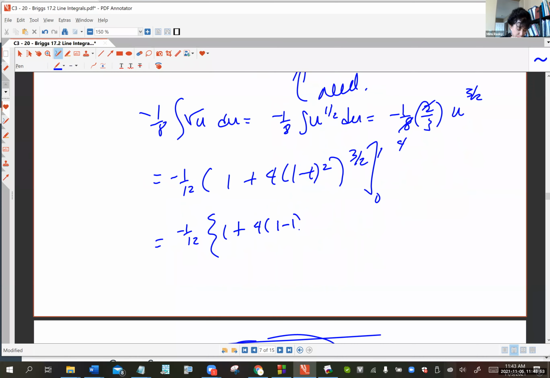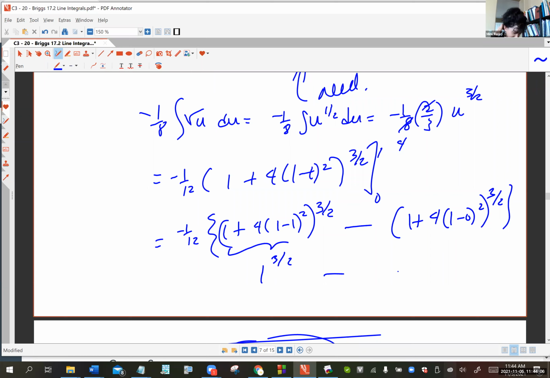When I substitute a 1 in there, this ends up being 1 to the 3/2. And when I substitute a 0 in there, oof, I know, this ends up being 5 to the 3/2. Pretty disgusting. And then you have this negative 1/12. And remember, this is 5 square root of 5.